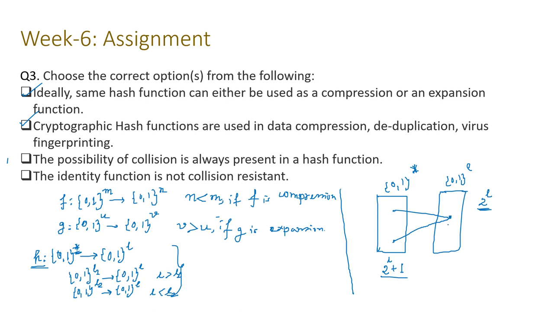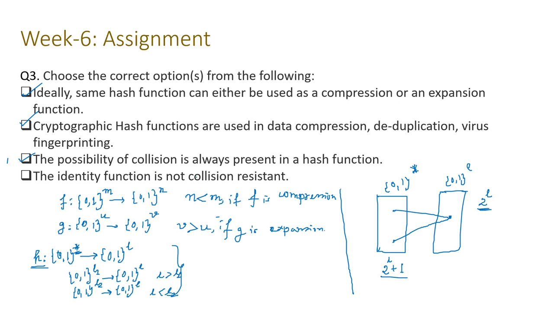So a collision is always there, but what we try to ensure with the collision resistant property of a cryptographic hash function is that finding that collision is hard, or that a probabilistic polynomial time adversary has only a negligible probability of finding such colliding pairs of inputs. So a collision always exists, but finding it is negligibly likely.